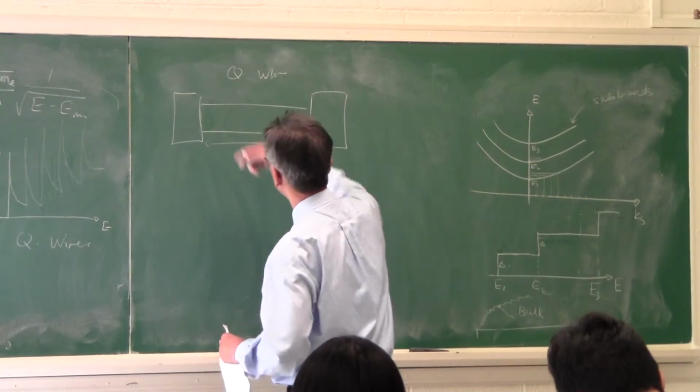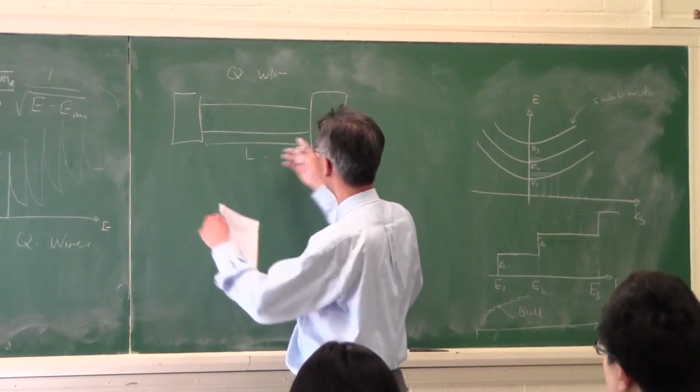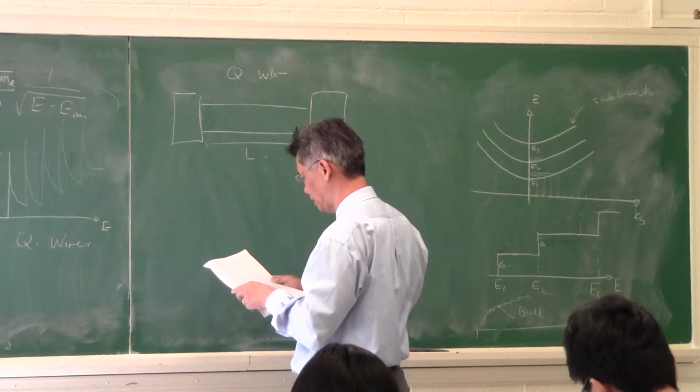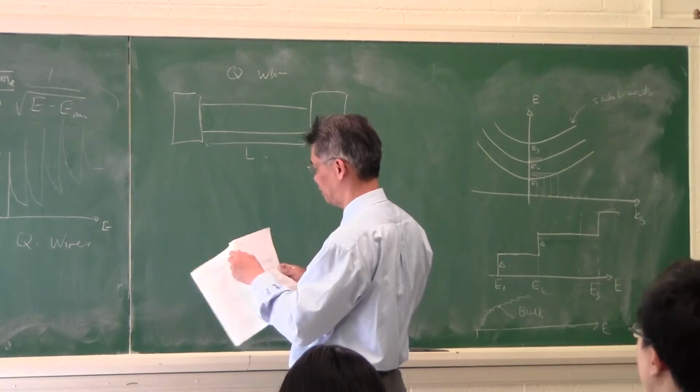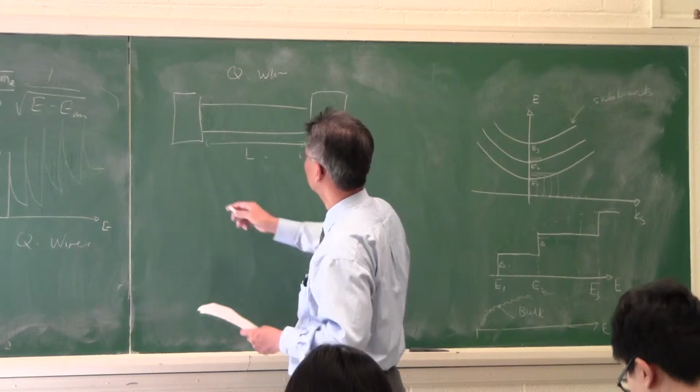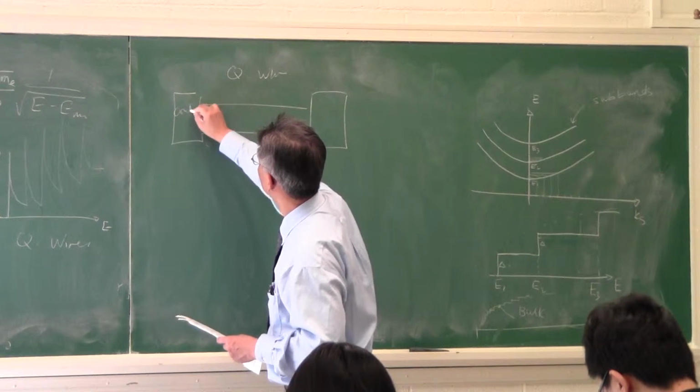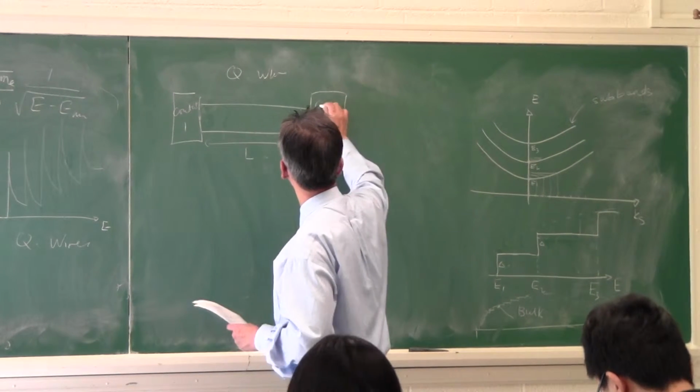This is a quantum wire. You have confinement in the x and y direction, but you just want to measure the resistance in this direction by, say, making contact 1 and then contact 2.